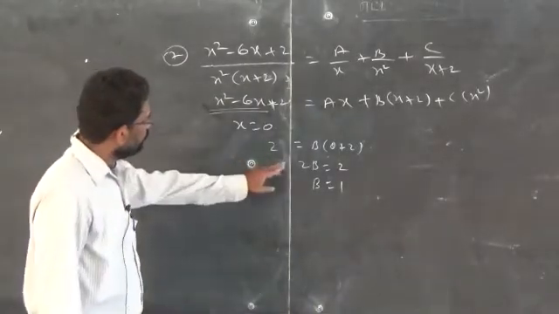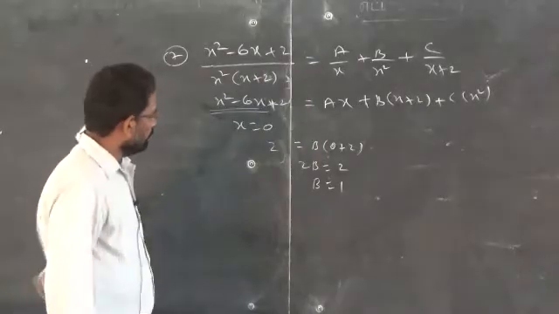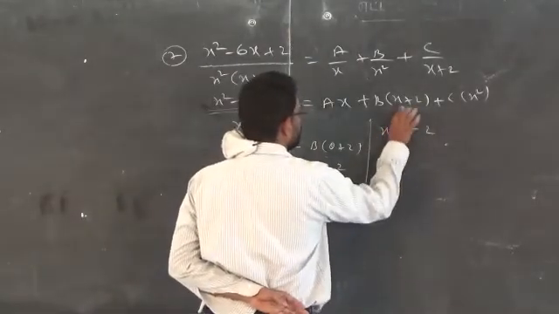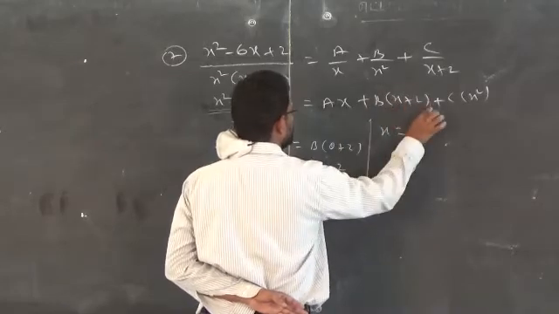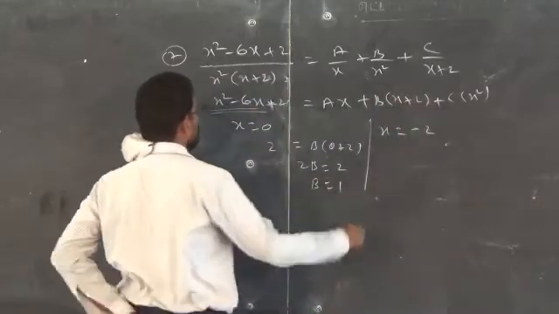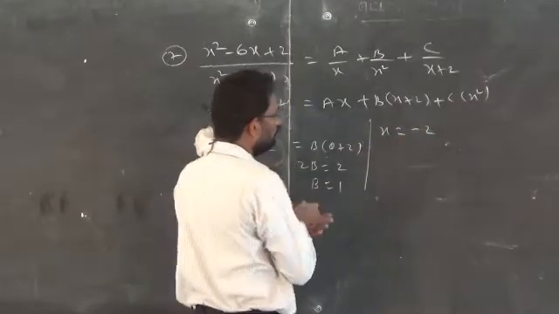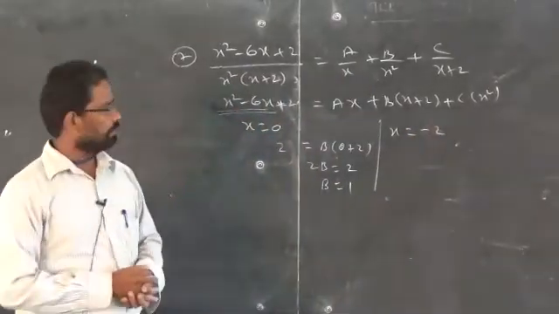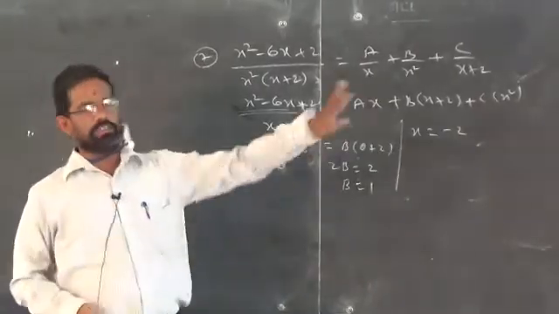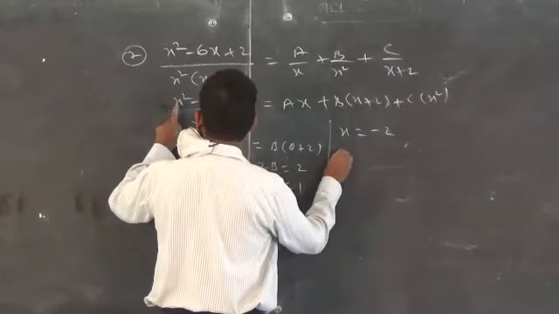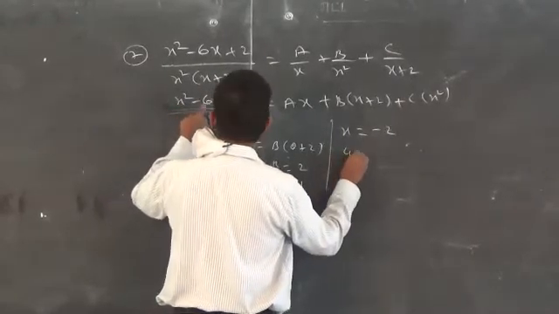Now you have to find the value for the other ones by replacing. Simple, x is equal to minus 2. If you replace x by minus 2, the entire second term will vanish. So you have to replace x equal to minus 2 on both sides. Or you go for comparing the coefficients of constant, x or x square like the previous model. You follow any one method. So when you replace x equal to minus 2, it will become plus 4.